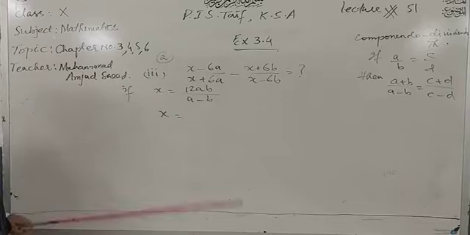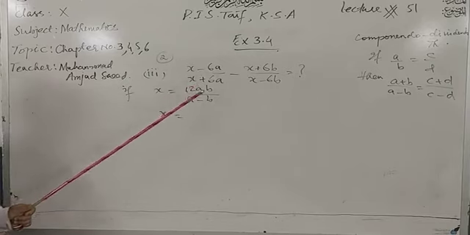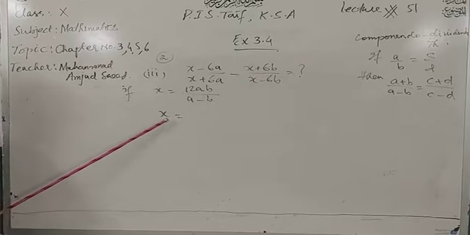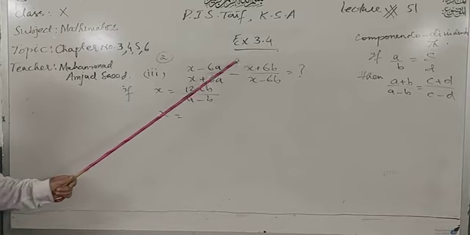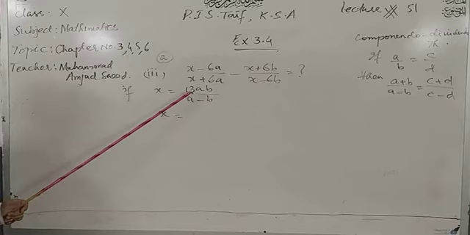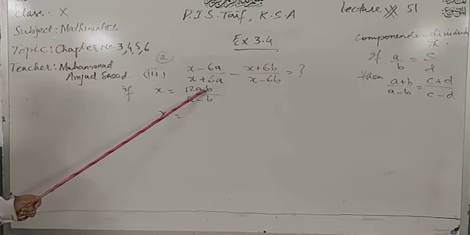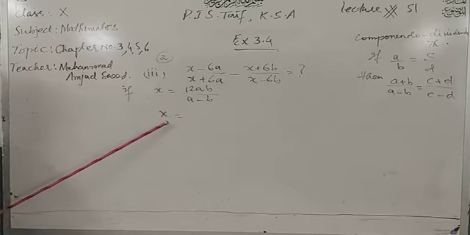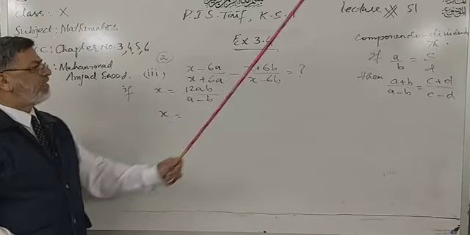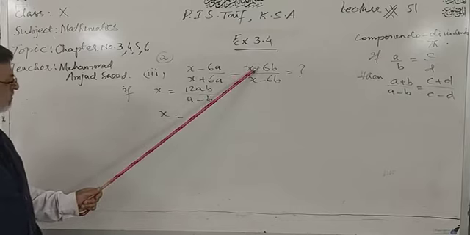Next, what you will do, you will bring 6b from here to the denominator of x. To find this portion, you will break down 12ab as 6b into 2a, and 6b will be shifted to the denominator of x, and then again apply componendo and dividendo and you will get this portion.